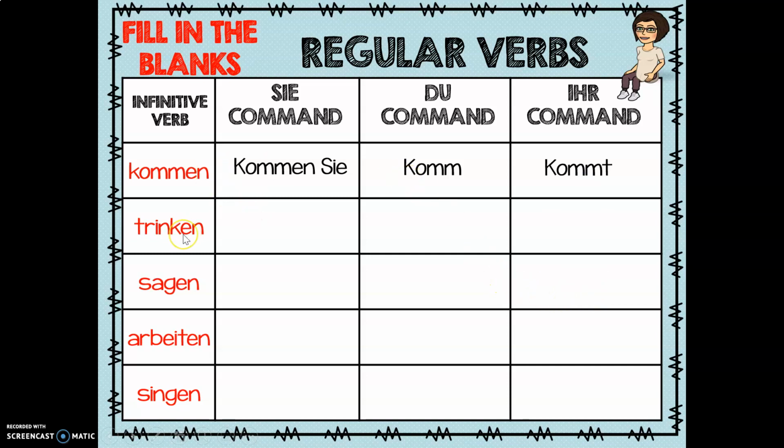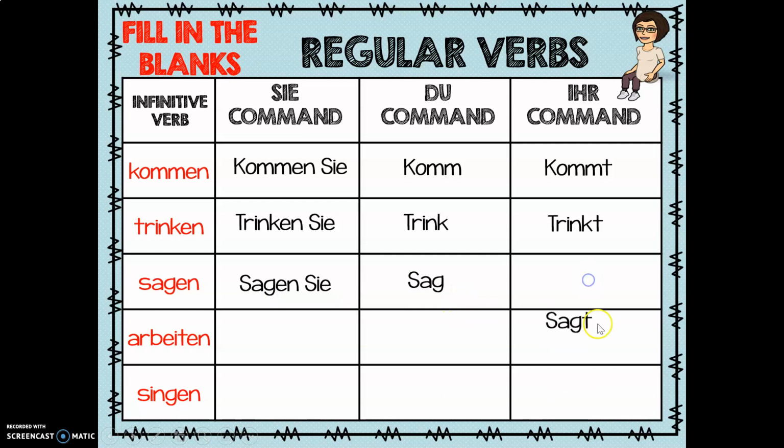That's it. So if you wanted to tell someone to drink coffee, you would say trinken Sie Kaffee. Trink Kaffee. Trinkt Kaffee. No pronoun, no pronoun, the formal you pronoun. Tell me or say, sagen Sie, sag, sagt. Arbeiten Sie, work. Arbeiten, notice this one has an E on it.